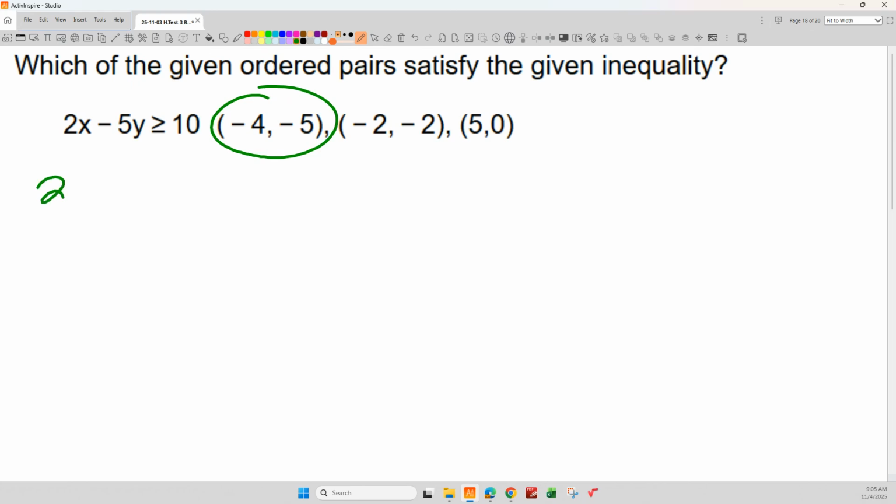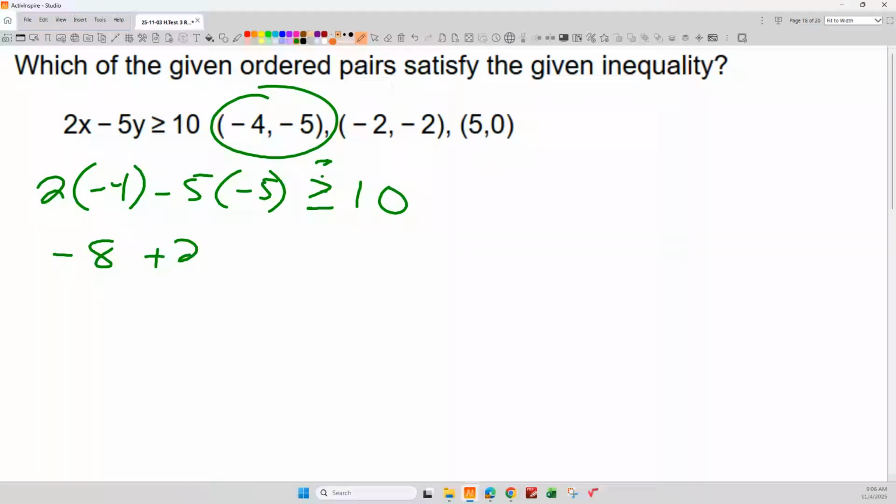So 2 times -4 minus 5 times -5, is that greater than or equal to 10? I'm going to get -8 plus 25 is greater than or equal to 10, isn't it? Yeah. So that's true. So it works. That is a solution, right? Okay. We do the same for all of them.